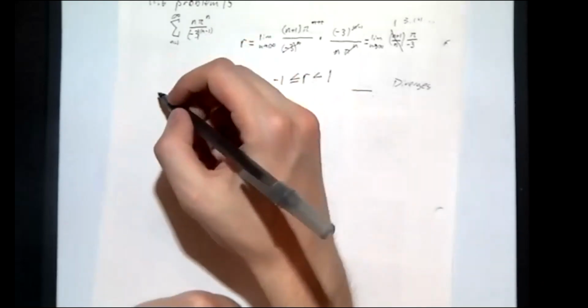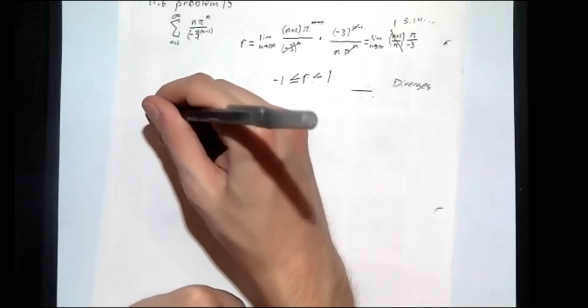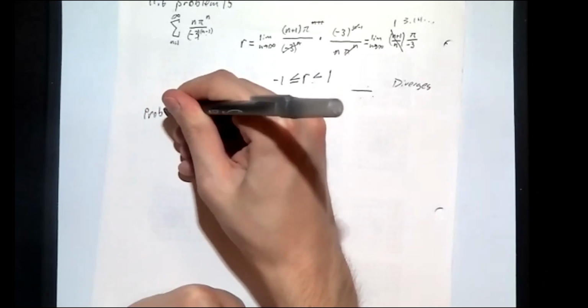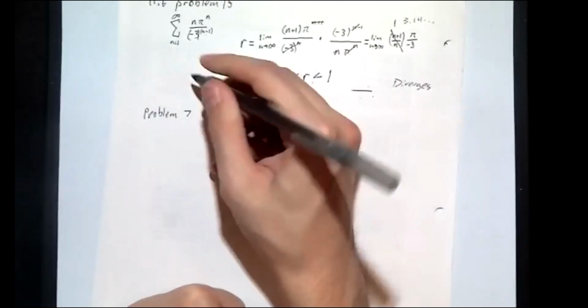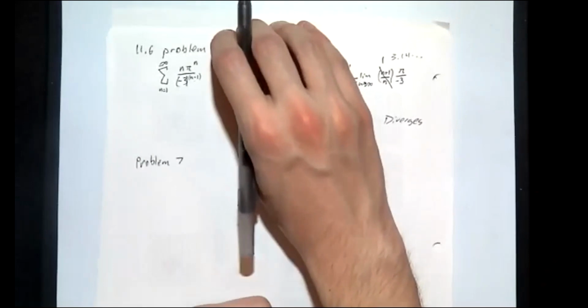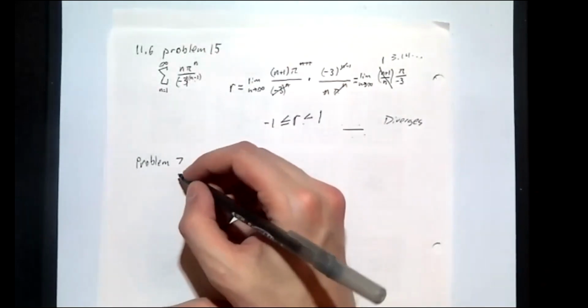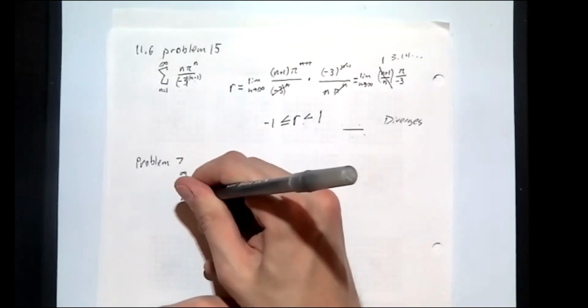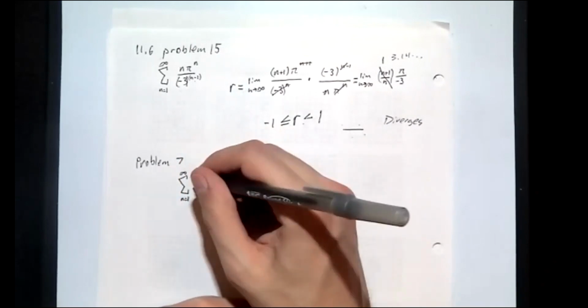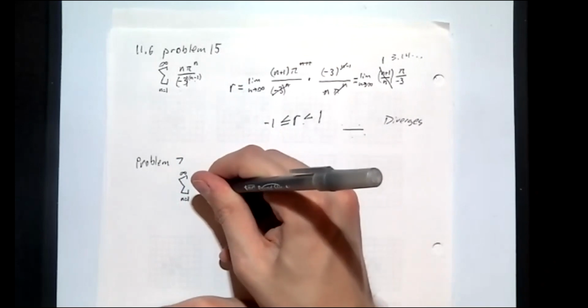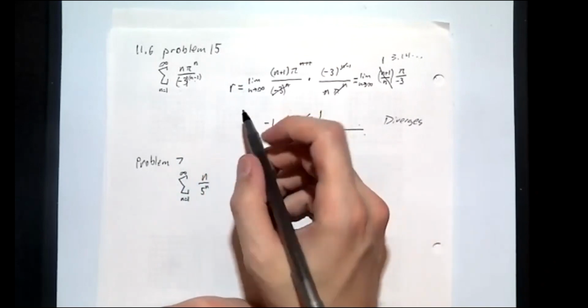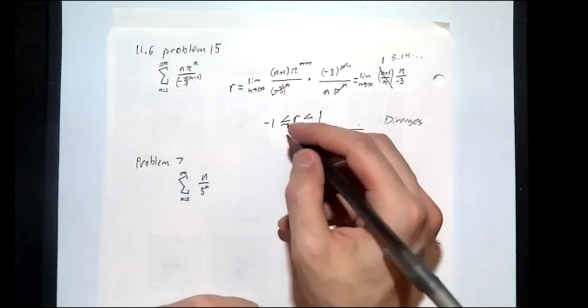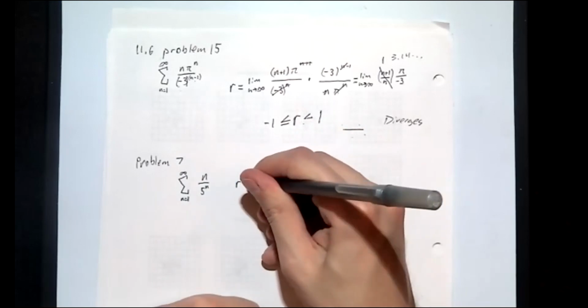Yeah, let's just do problem 7, real simple one. So problem 7, again, 11.6. So 7.6 problem 7, we have the summation of n over 5 to the n. So what we do is we solve for r.